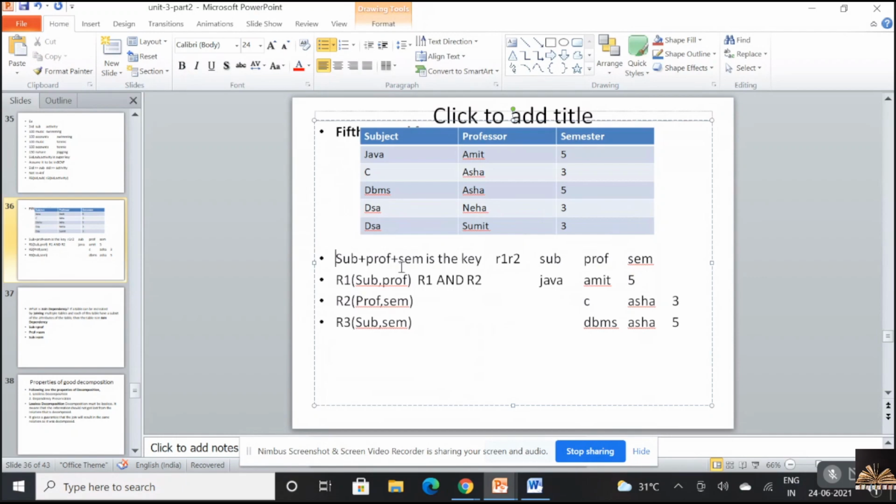Okay. So what I'll try to do over here is I'll just try to fill the data in two tables, ma. I'll just work with R1 and R2 over here. I'm removing all this stuff.